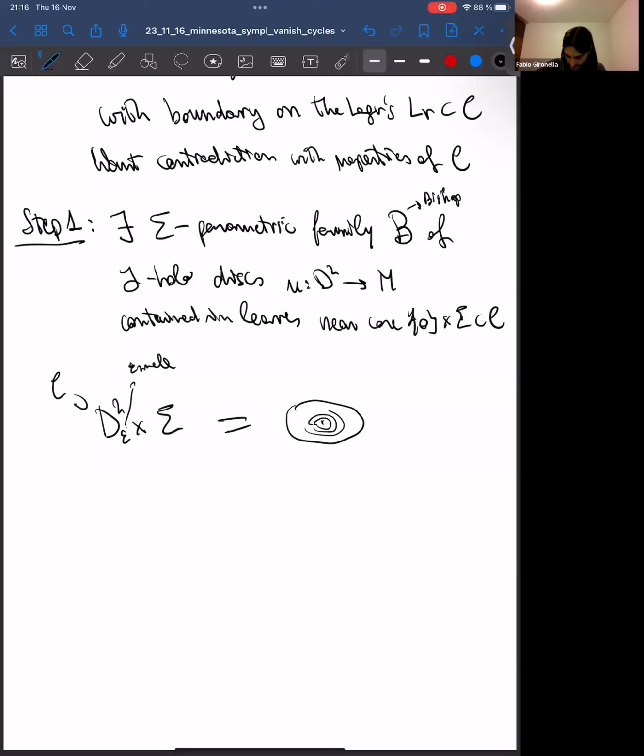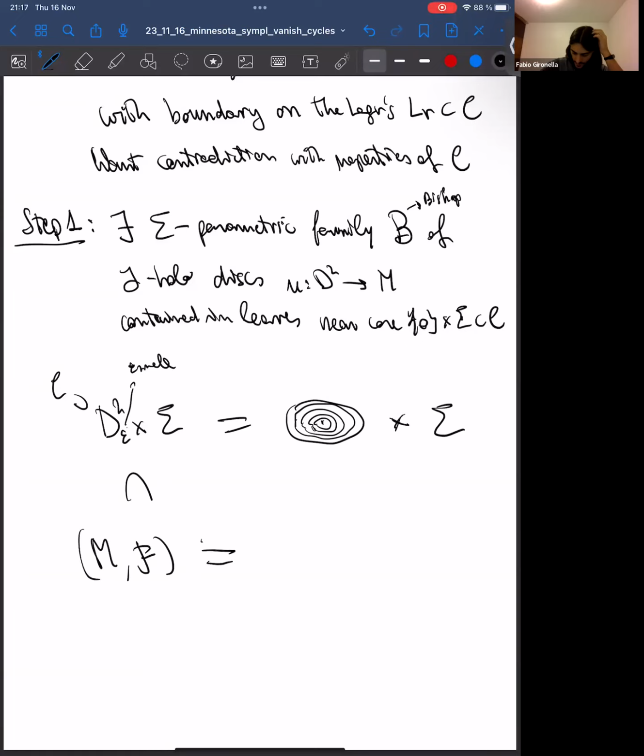So as it's foliated, the big disk, the big vanishing cycle. But now we want to describe a neighborhood of this object inside the M. So how does it look?